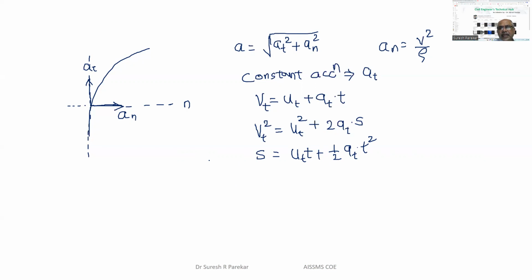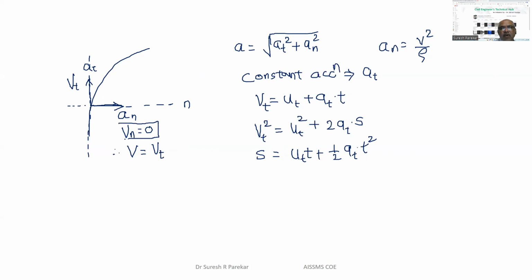Things are replaced by t, that is the tangential direction, because our velocity along the normal is always 0. Whatever velocity we have is along the tangential, and therefore we have V equal to Vt.